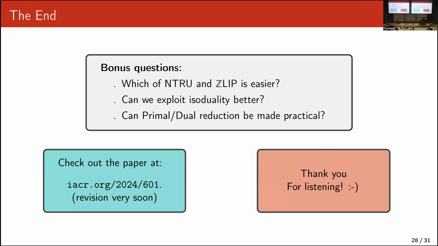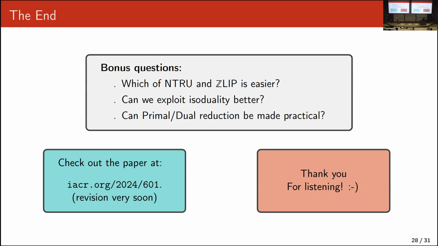Any other questions? Yeah. Thanks for the talk. I was just wondering if Alexander's dimension reduction for cutting dimensions, when you're looking for recovering the private key in NTRU, plays a role here.